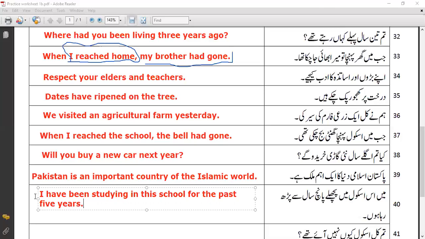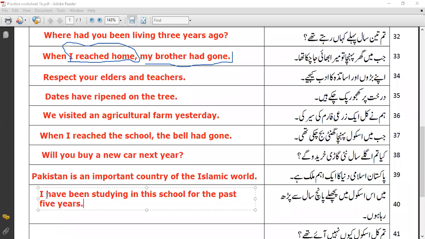Just remember the formula again. Don't write I have been studying in this school or I studied, I am studying in. Usually the mistake which is made by the boys is they write it as a present continuous sentence. When the time frame has been added, that is for the past 5 years, you need to make sure that the sentence is a perfect continuous sentence.